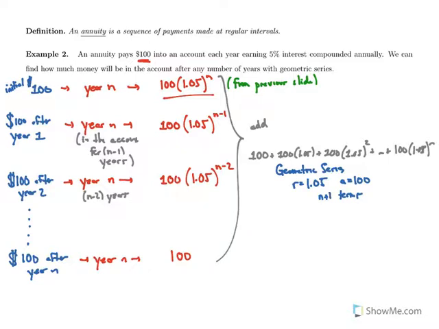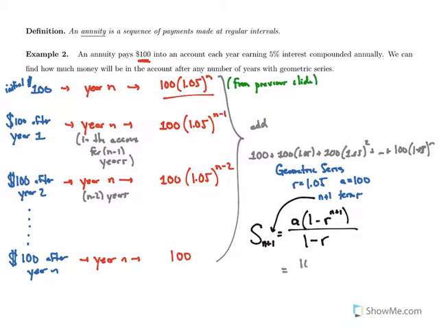So we could find the value here by using our formula, S sub N plus 1. It's going to be equal to A times (1 minus R to the N plus 1) over (1 minus R). We're using N plus 1 here because we have N plus 1 terms.